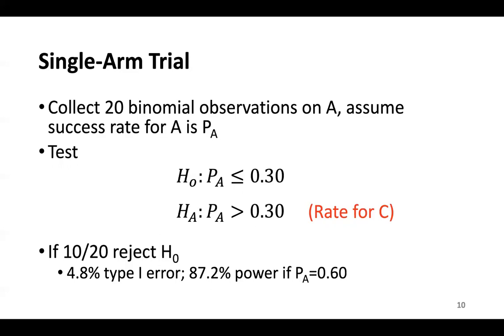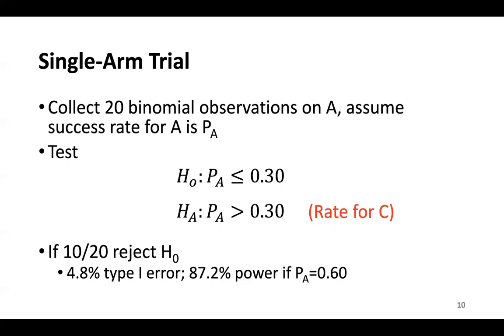If we reject the null, we're going to claim that the success rate is greater than 30%. We're doing that because the 30% was estimated to be the rate of success on control. Notice you could, of course, do a two-arm trial where you have the control rate to compare to, but here we're plugging in 30%.